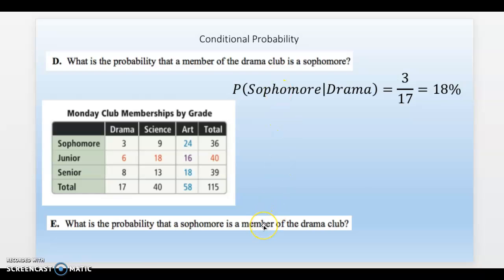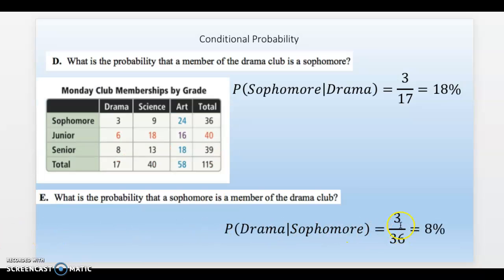This one down here is saying, given that they're a sophomore, how many are in the drama club? The top number is the same, 3, but the bottom number is different. Out of sophomores, there's 36. You get 2 different answers here.